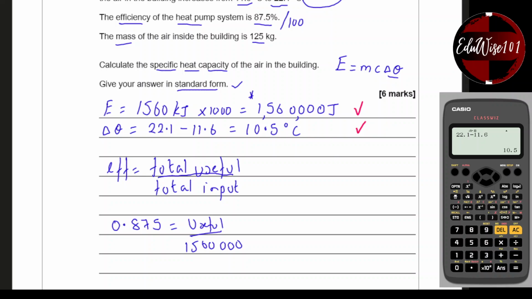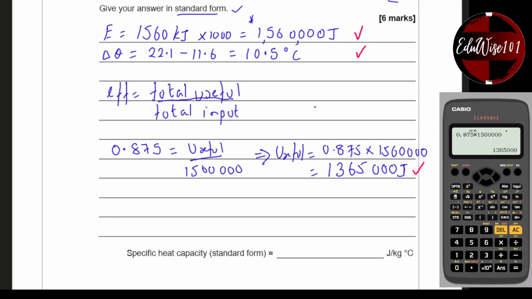So the useful energy is 0.875 multiplied by 1,560,000. That gives me 1,365,000 joules. That gives you another mark. So we've got 3 marks so far.